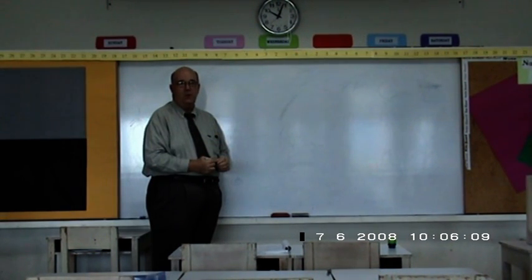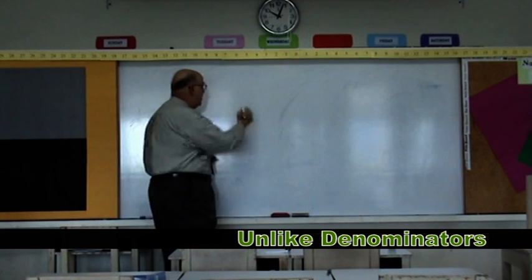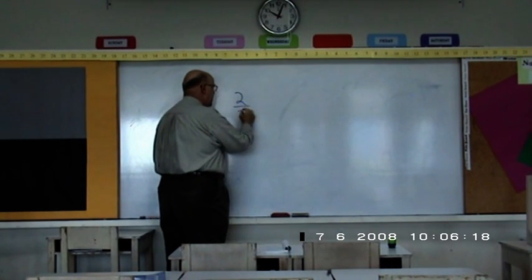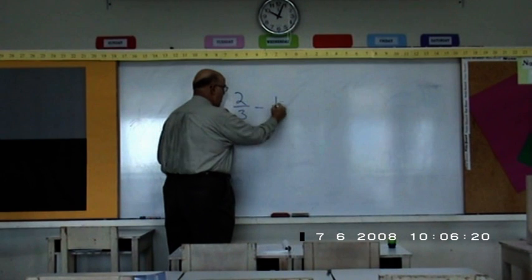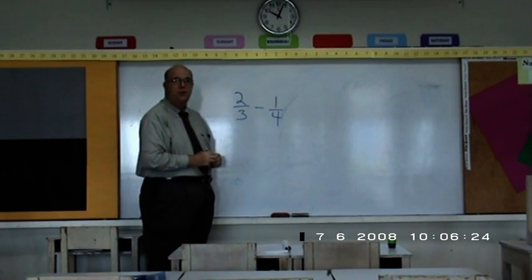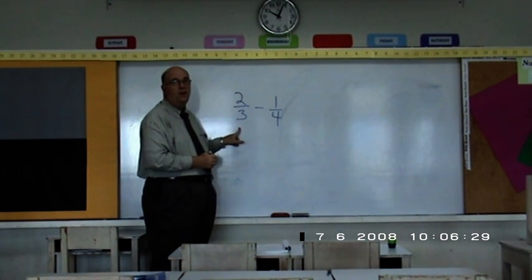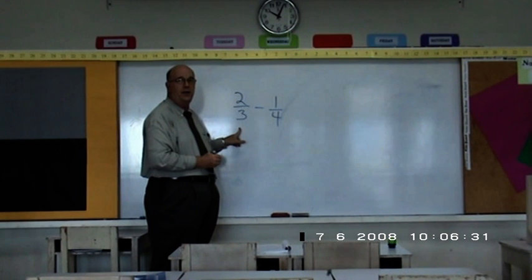The next example I want to do is with fractions that have denominators that are not the same. Let's take the problem 2/3 minus 1/4. Anytime we're adding or subtracting fractions and the denominator is not the same, we have to find a common denominator.